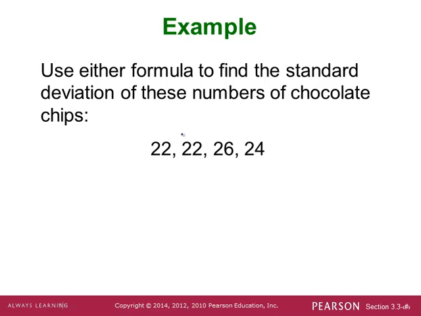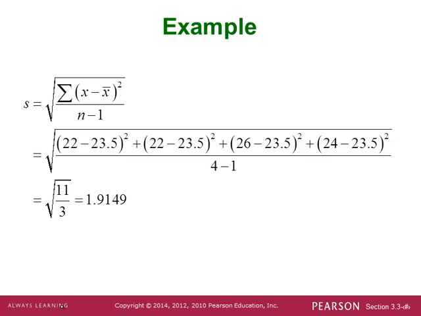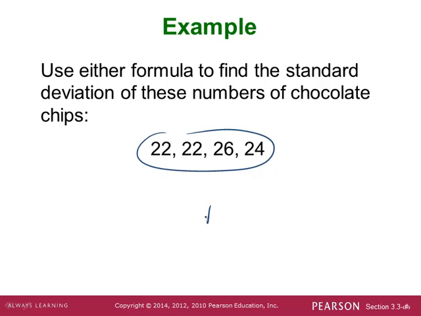So a real quick example of how to calculate standard deviation by hand. Suppose that we've got these four numbers, 22, 22, 26, 24. A real simple example. I'll show you here in a minute how to use your calculator as well, but to do this by hand, first you need to calculate the mean. The mean is just going to be equal to the sum of those four numbers divided by the four numbers there.